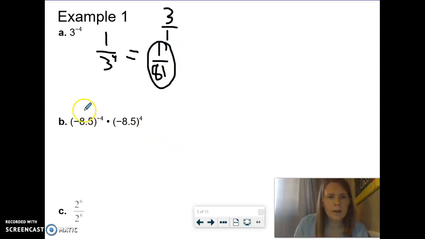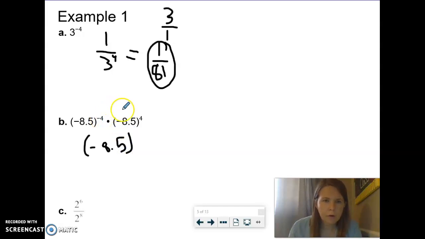All right. Now for this one, what I have here is negative 8.5 to the negative fourth, times negative 8.5 to the fourth. Remember, when I multiply things, I'm adding their exponents. So really I have this base originally, negative 8.5. And when I multiply these two, since they have the same base, I'm adding the exponents.